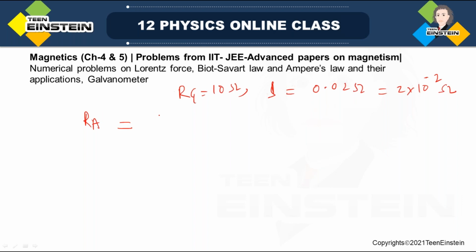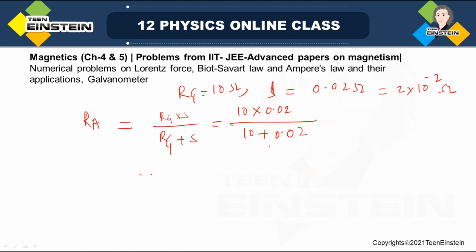So it will be Rg into S divided by Rg plus S. Rg is 10 ohm and S is 0.02 ohm, divided by 10 plus 0.02 ohm.